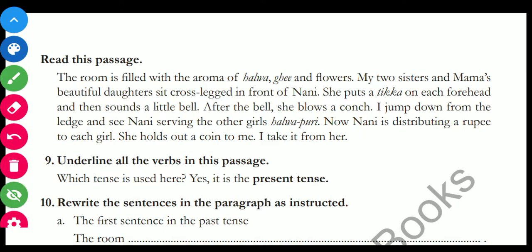So yes, the room is filled with the aroma of halwa and ghee and flowers. My two sisters and mama's beautiful daughters sit cross-legged in front of Nani. She puts a tika on each forehead and then sounds a little bell. After the bell, she blows a conch.